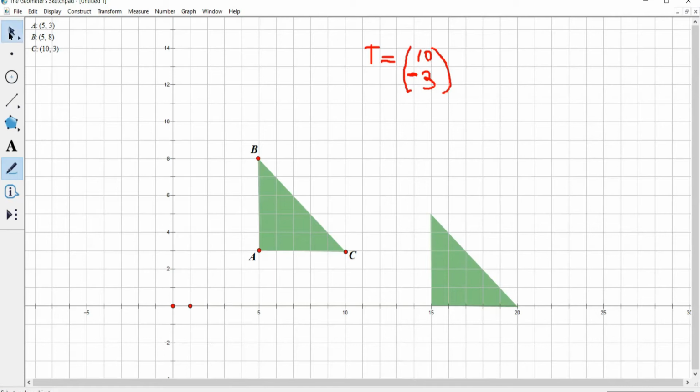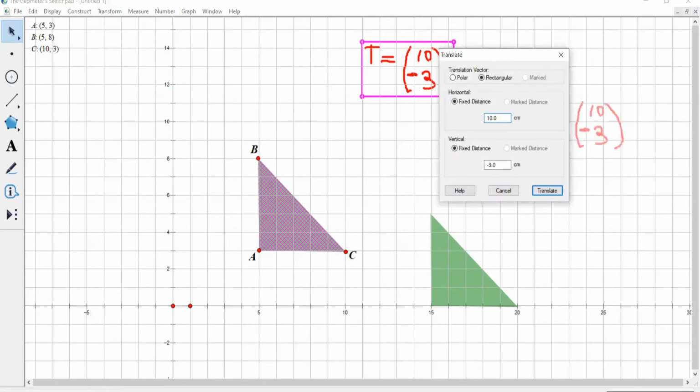Remember that when you have a graph, going to the right is positive and going to the left is negative. So let's use an example of when it was negative. If I were to translate it with a vector of -10, notice that the triangle goes over there. And if I did put a +3, notice it moves up here.